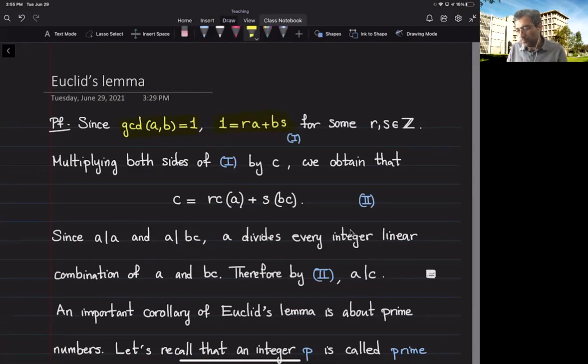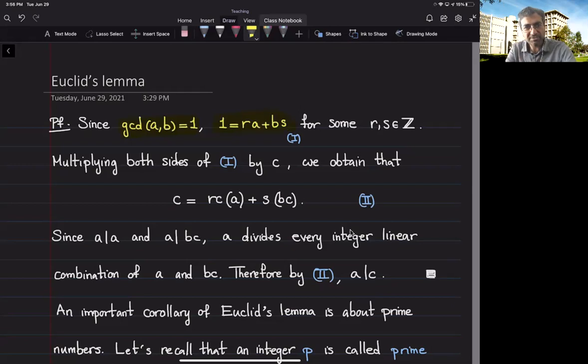So again, the assumption is that a divides b times c, and a and b are co-prime, and I want to deduce that a divides c. And the trick is to write down c as a linear combination of a and bc. From there, we deduce that a divides c. So how do we get to that result? We use the fact that when a and b are co-prime, then 1 can be written as an integer linear combination of a and b.